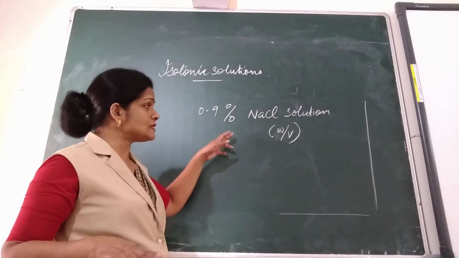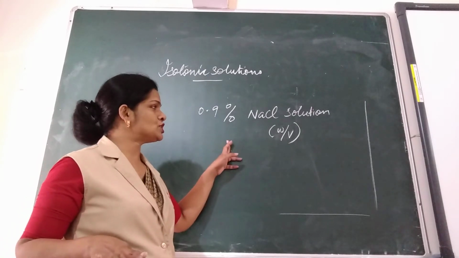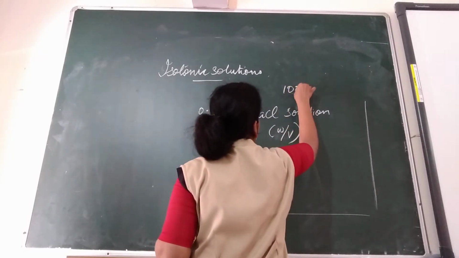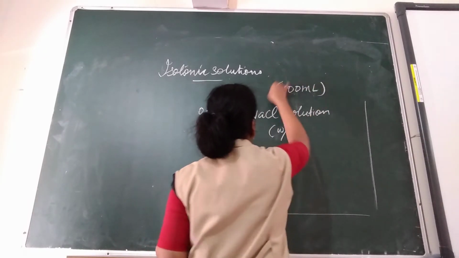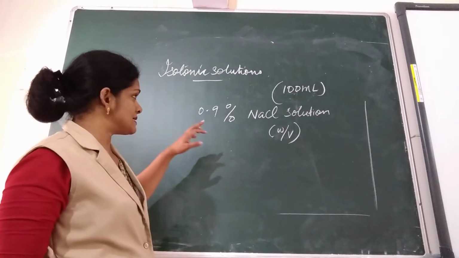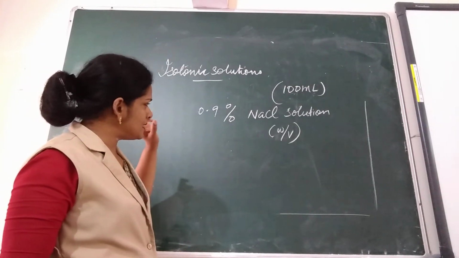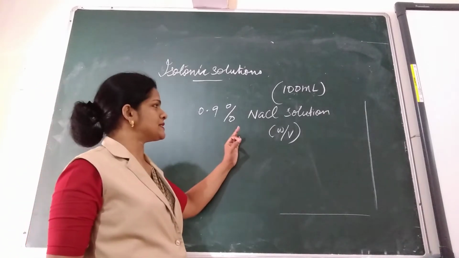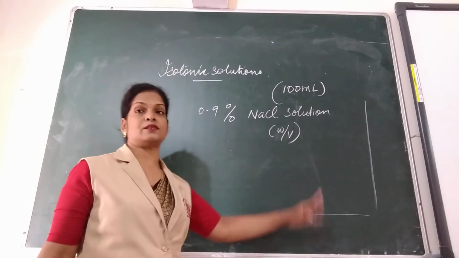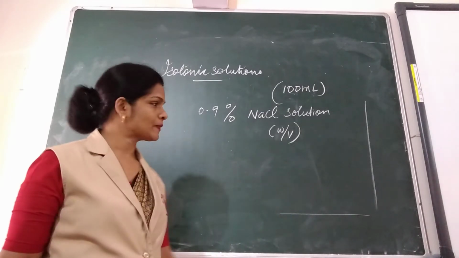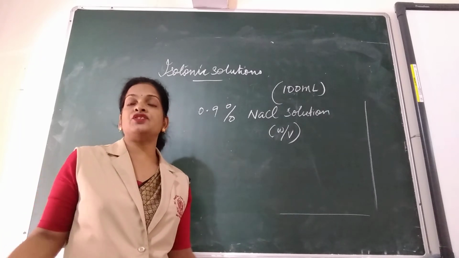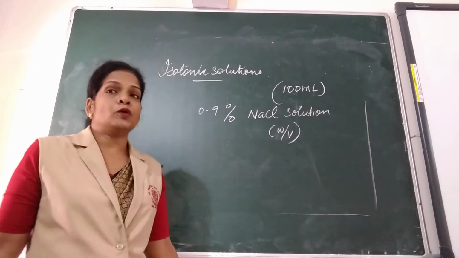But in the case of osmosis, the percentage is mentioned for 100 ml solution. The fluid in our blood cells is equivalent in osmotic pressure to the 0.9% NaCl solution, weight upon volume. Such a solution can be injected intravenously, no problem.